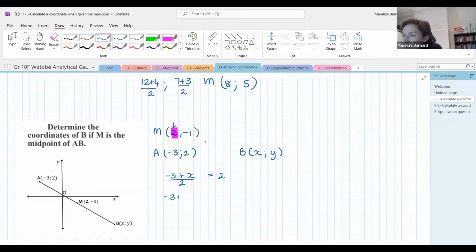So minus 3 plus x, and we times by 2 and times by 2. And because the 2's cancel here, the 2 is now gone. And then the 2 times 2 gives me 4. And then I can take the minus 3 to the other side by adding it. So I go plus 3. What I do on one side, I do on the other side. So then x is equal to 7.